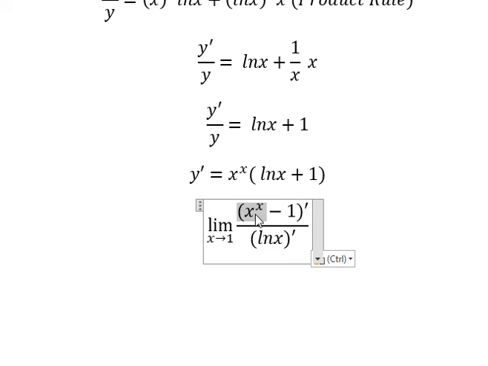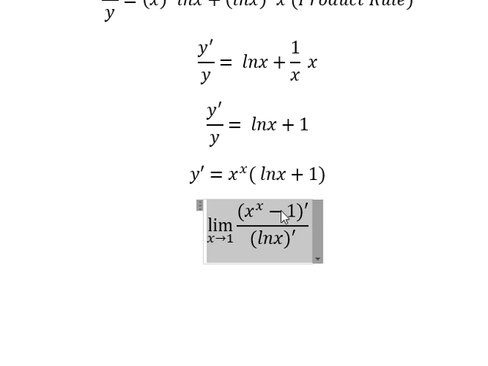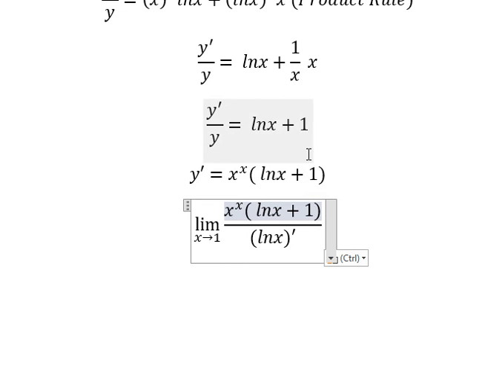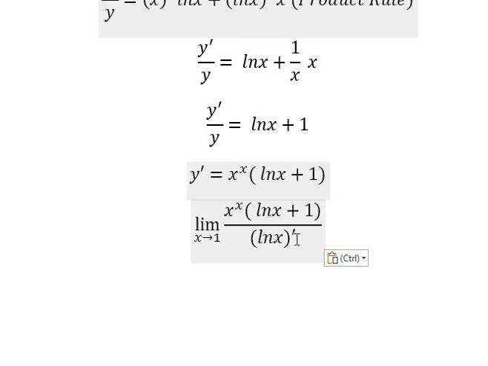First derivative of this one is this one. First derivative of number 1, this is a constant, so you get 0 in here. This one we have 1 over s.